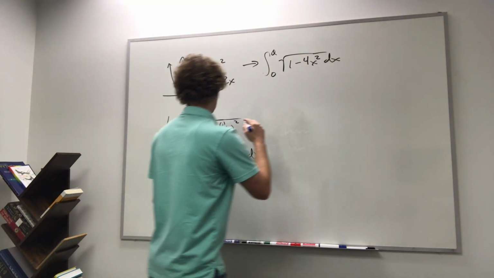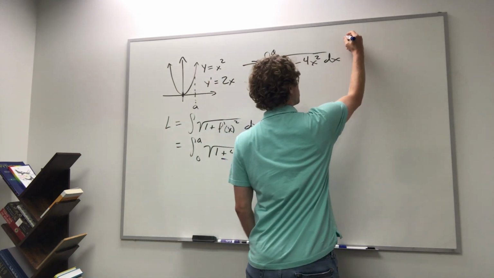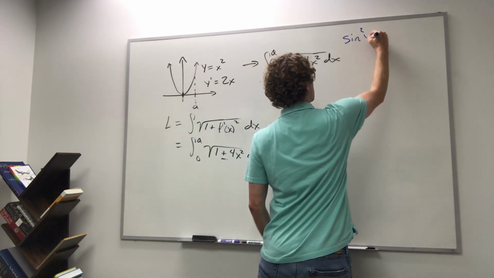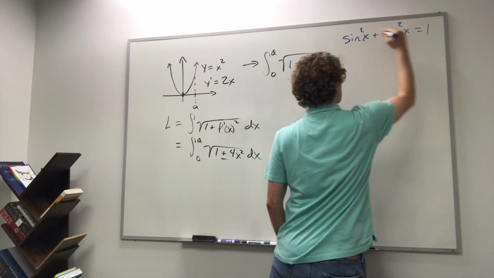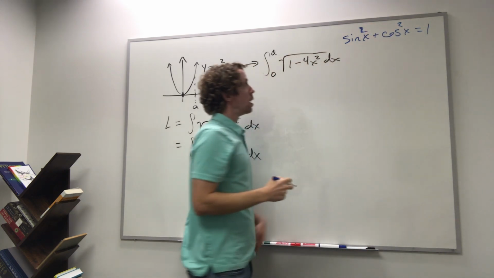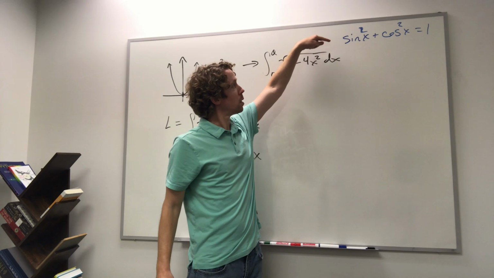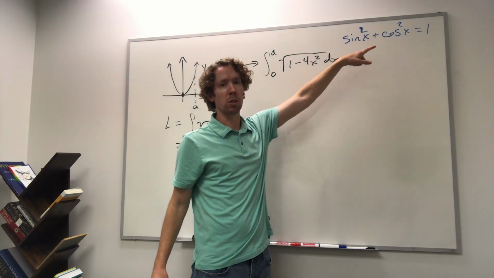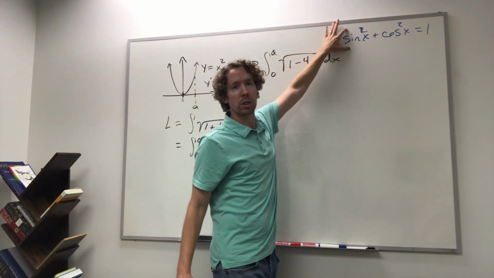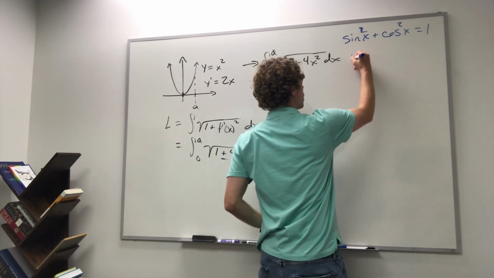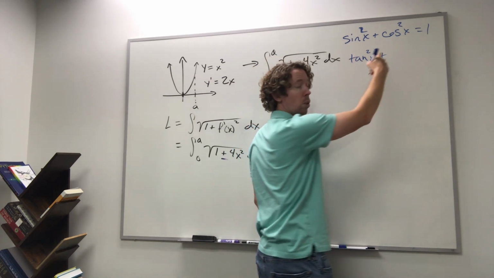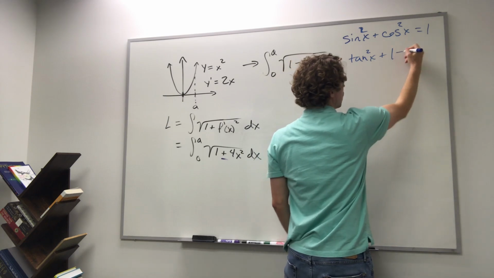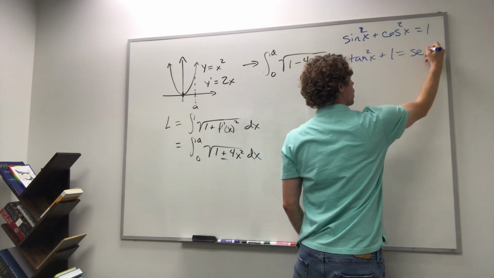I'll write those over here. If I divide both sides of this equation by cosine squared, then this first term turns into tangent squared. Cosine squared turns into 1. And on the right I get secant squared.